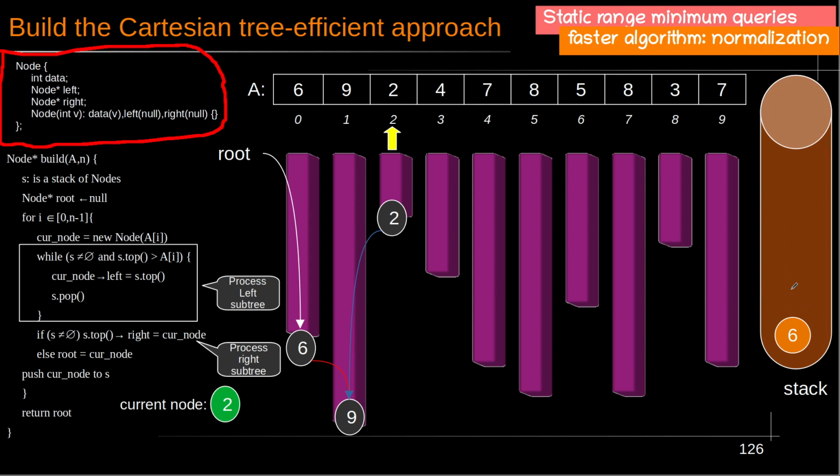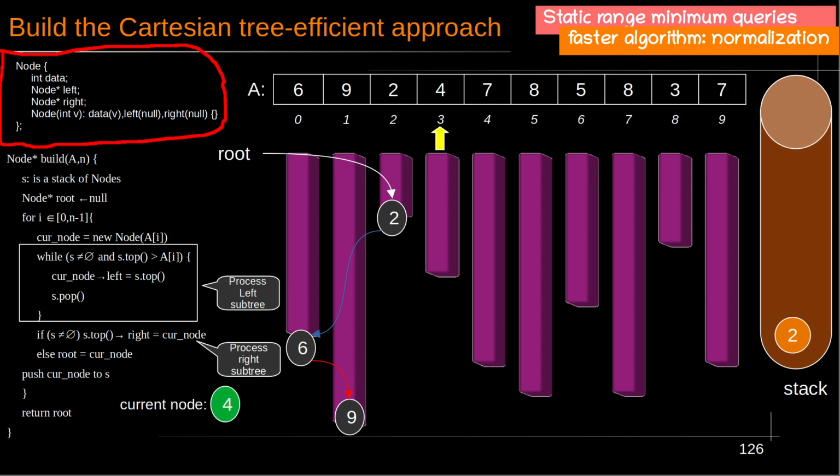Is it greater than the current node 2? Yes. So the current node 2, its left will be that top of the stack, which is 6. And we pop 6 from the stack. The stack is now empty. So we exit the while loop, and we change the root to the current node because the stack is empty. And we push 2 to the stack.